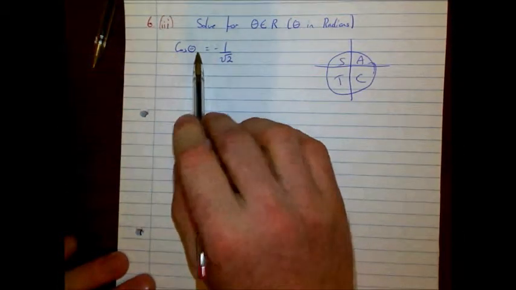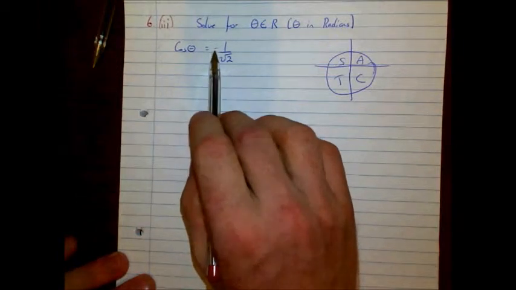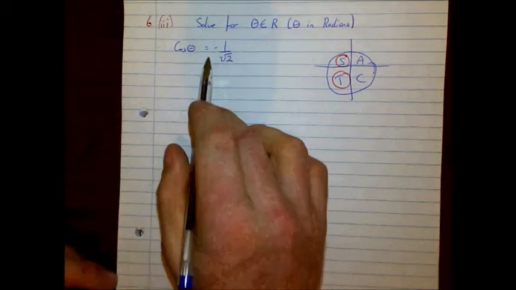Okay, so C, A, S, T. Now, I just got cos theta equals minus 1 over root 2. So cos is negative, so it's going to be in the second quadrant and the third quadrant. Now, we're dealing in radians.